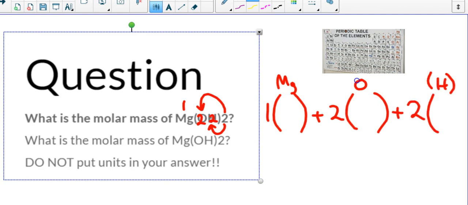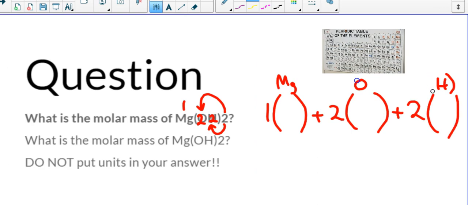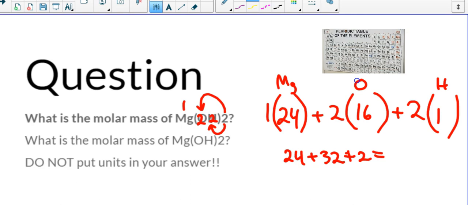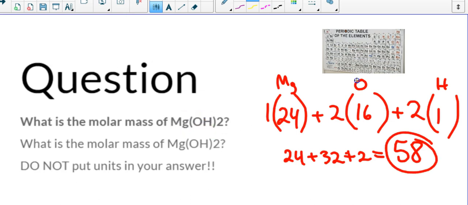Then I'll just go find those. I know that they're 24, 16, and 1. So then we would do the math. This is 24 plus 32 plus 2. That's 58, if I did the math right in my head. 58 grams.